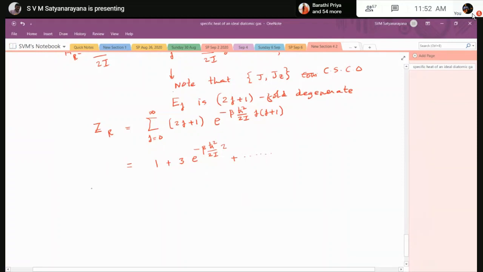I can write down average energy as minus del by del beta of logarithm Z half.